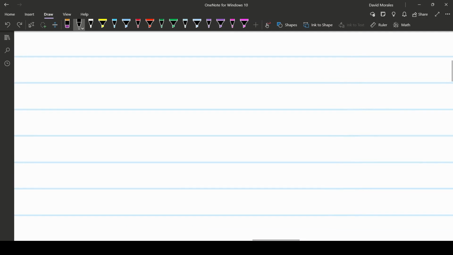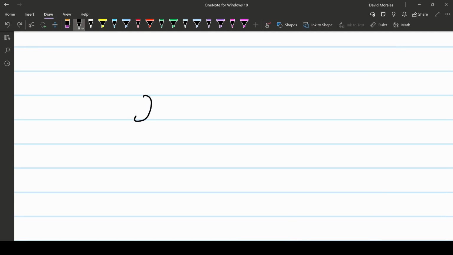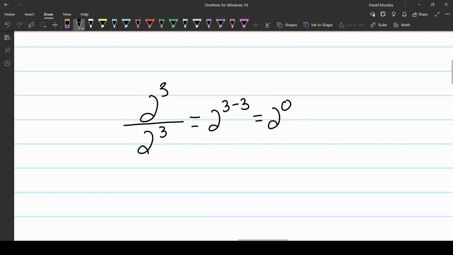Let's just say that we have 2 to the third divided by 2 to the third. Before we expand it, let's actually use the quotient rule. 2 to the 3 minus 3. That gives me 2 to the 0.